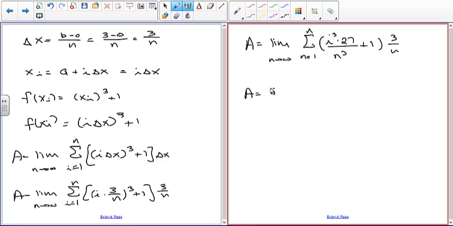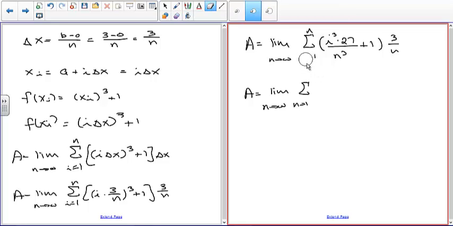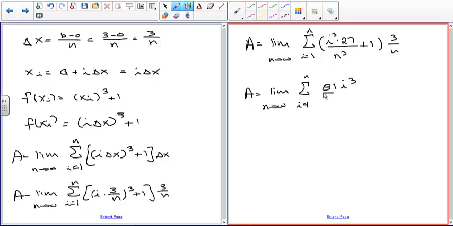And then we take the limit as n goes to infinity of the summation from i equals 1 to n, and if we multiply this times that, we'll get 27 times 3 is 81, so you get 81 i cubed divided by n to the fourth.